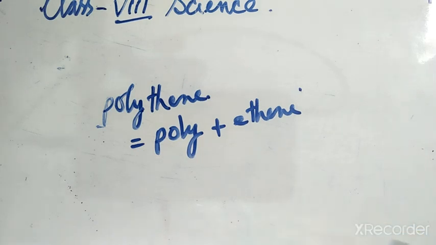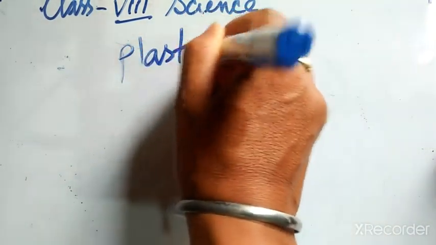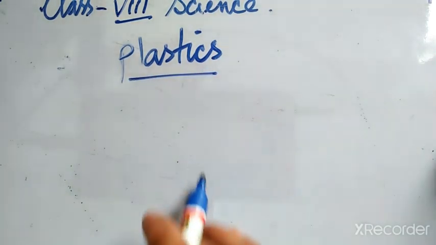We can bend easily. So based on the properties of the plastics, some of the plastics can easily deform their structure, and some of the plastics cannot easily deform their structure. So plastics can be of two types.